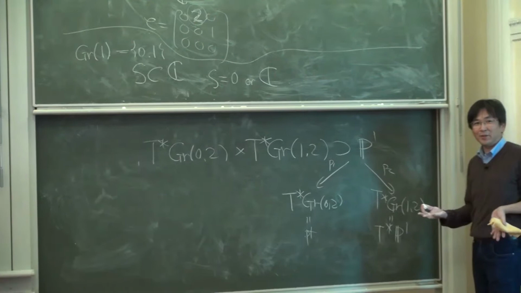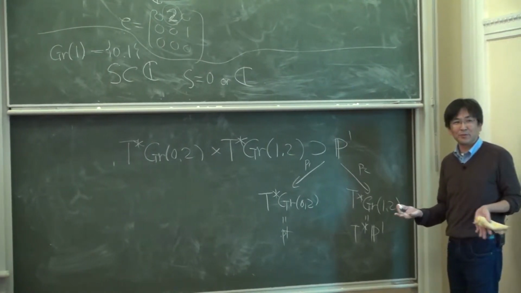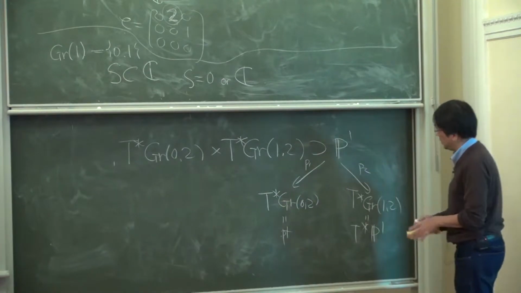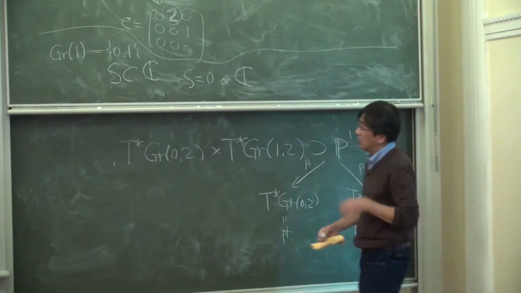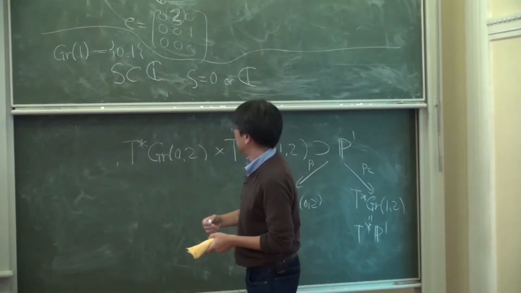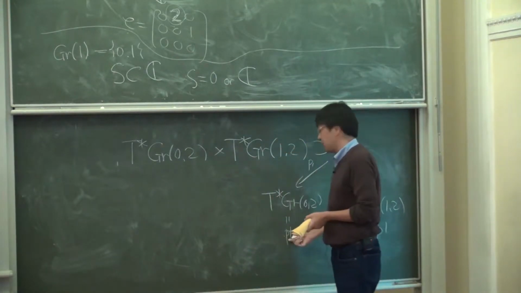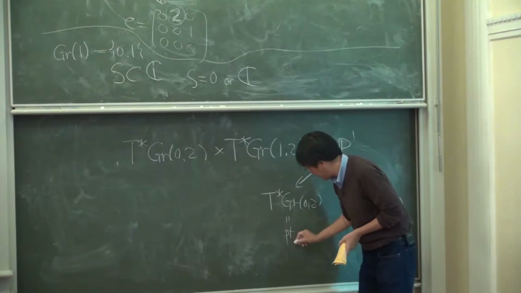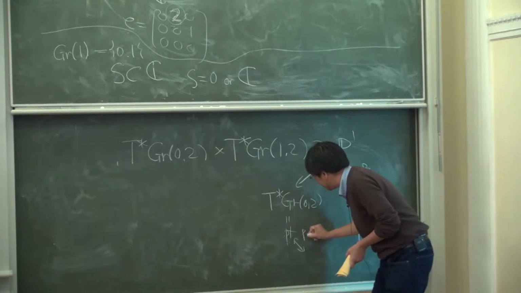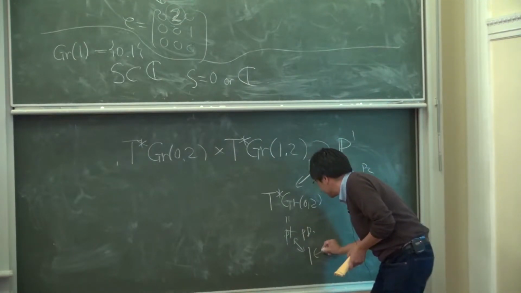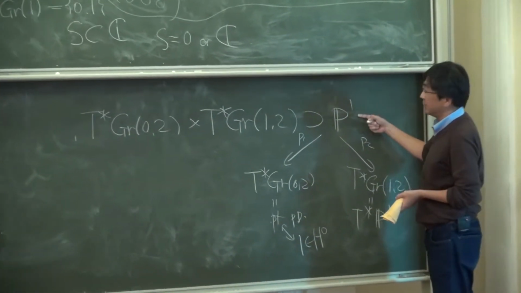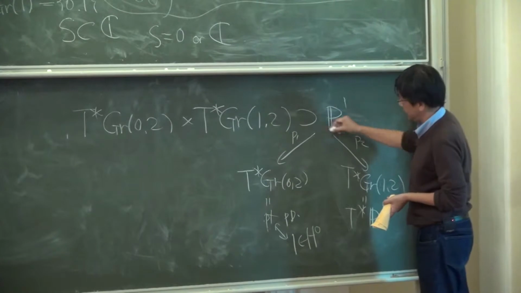By the way, I don't know what your background is, so please stop me if something is not clear. So I consider the pullback of the point class on here. The point class is the Poincare dual of 1, and the pullback of 1 is just 1 here. And then I apply Poincare duality here.